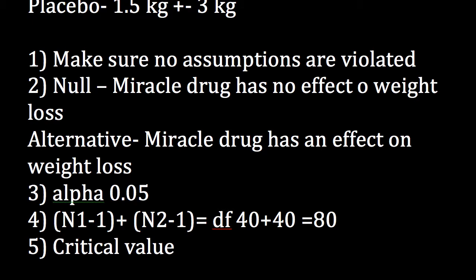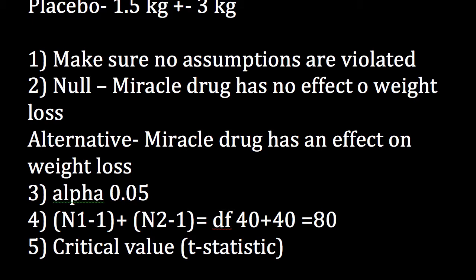So let's talk about the critical value, and in this case it's going to be the t-statistic. When we calculate the t-test, we end up getting a t-statistic. The test has to be either greater than or less than a certain number.